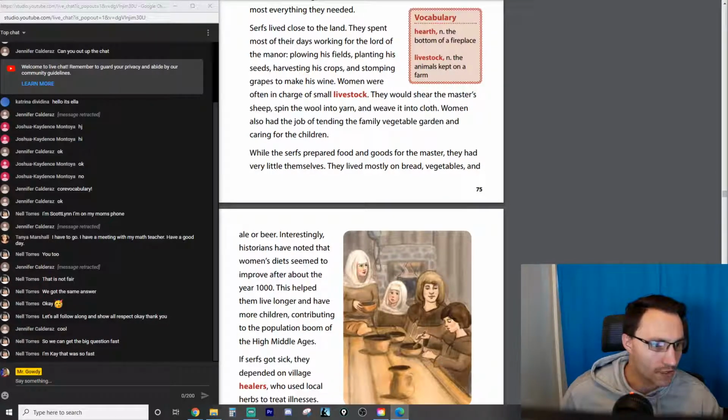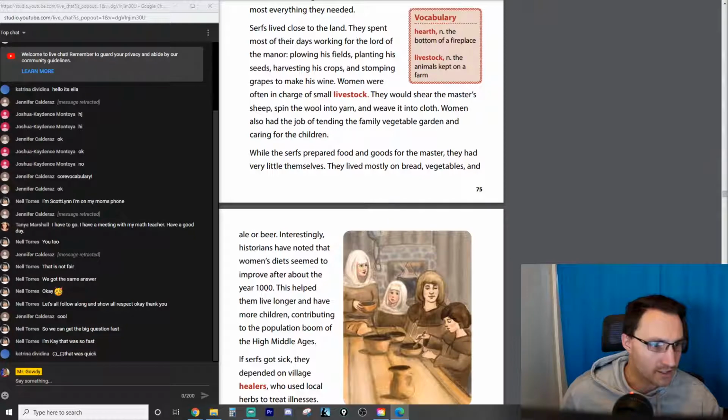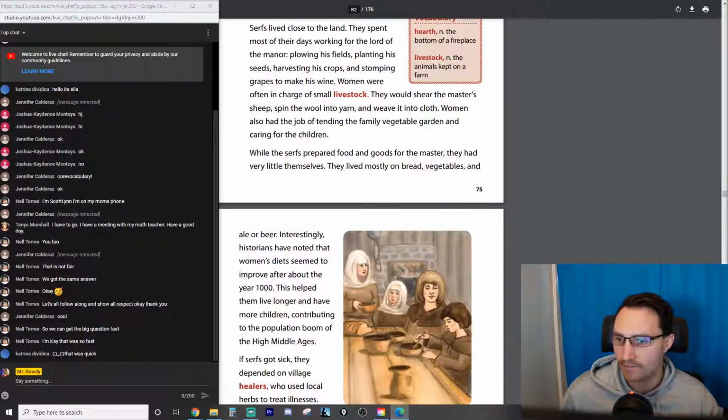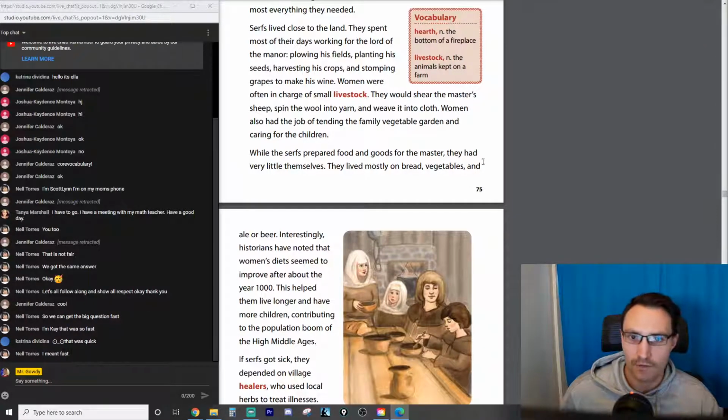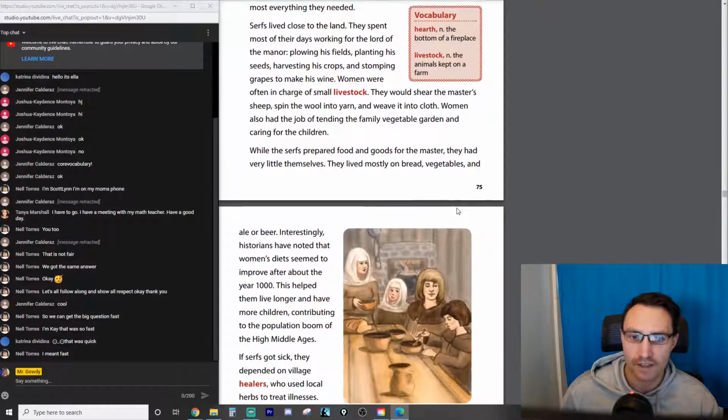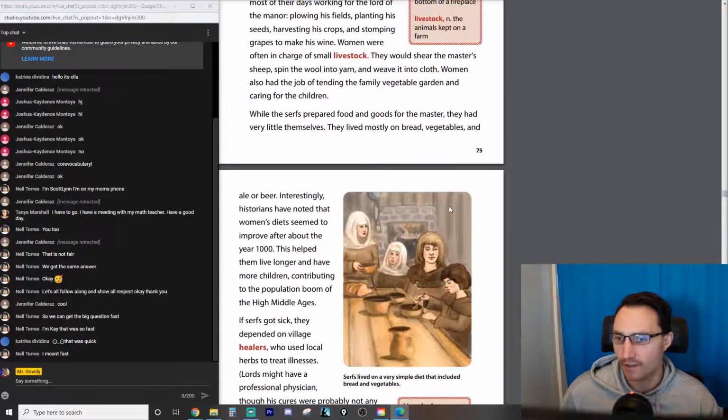Some key points: where did the serfs live and work? That will give you some ideas. And then you can refer to pages 75 and 76 in your book.